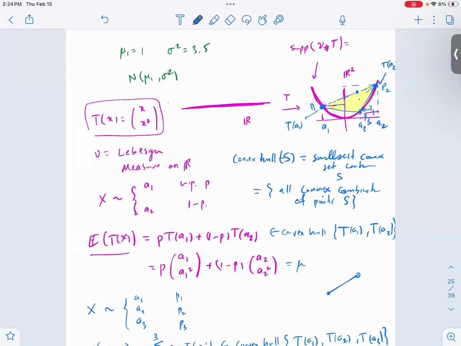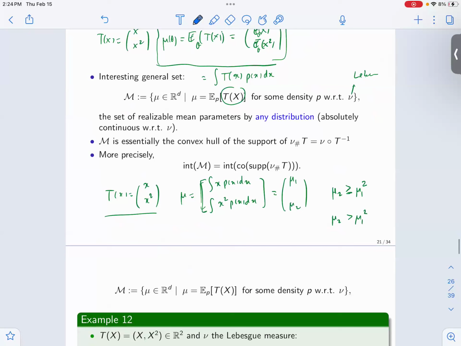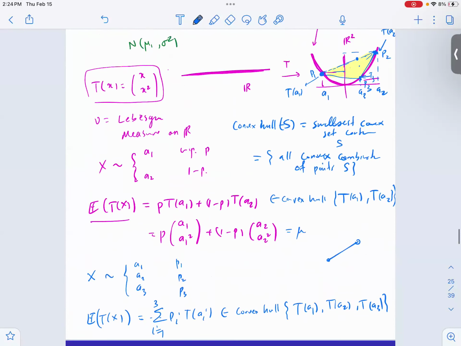You can imagine taking more points, and then you can see gradually covering this whole thing. The set of realizable means for the boundary is the convex hull, for the push forward measure by T. So it's a very geometric, interesting object.